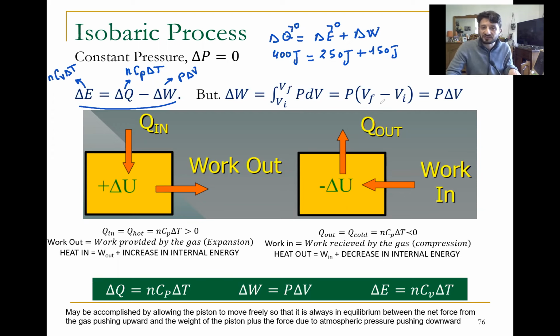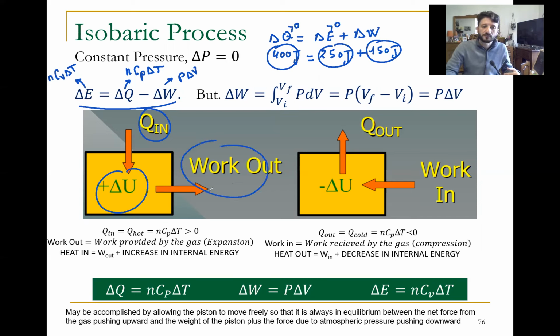It must be positive. If we add a quantity of heat, we have a movable piston, you increase the volume of the piston. In this case, work must be positive. So this positive value equals this one plus this one.